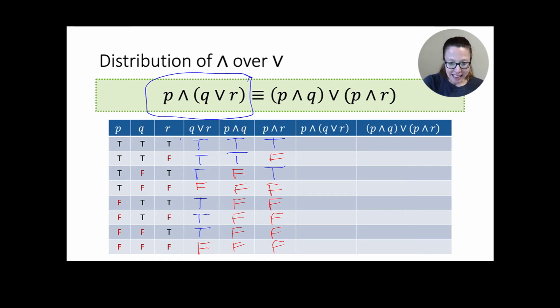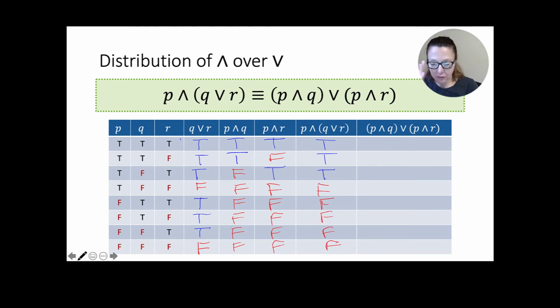And we can see that this is going to happen in a few locations. So it's going to happen in the first 3 rows. We see Q or R is true and P is true. Everywhere else, at least one of those combinations is false. And so we can fill in our table, true for the first 3 rows, false for the remaining.